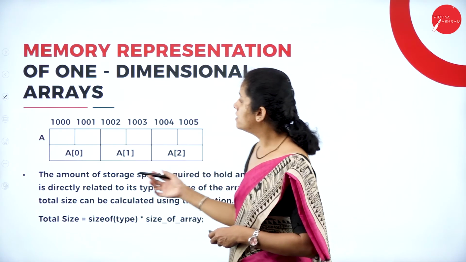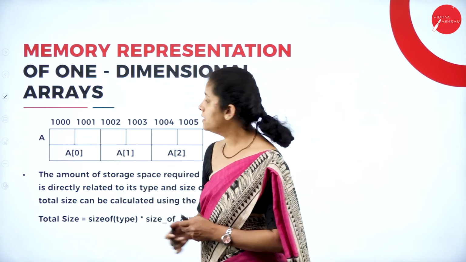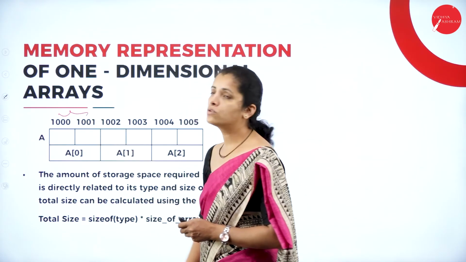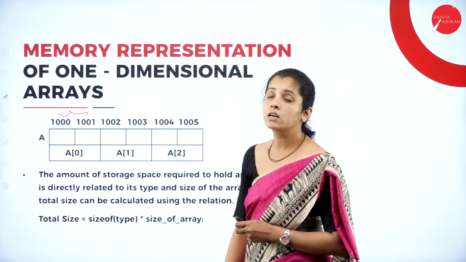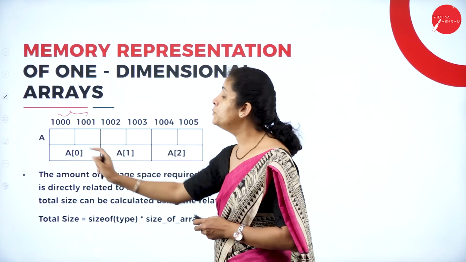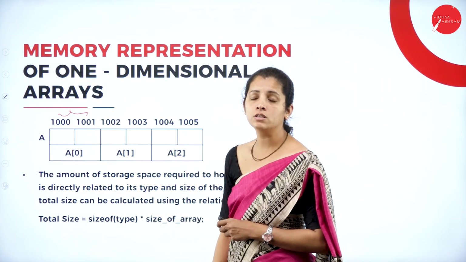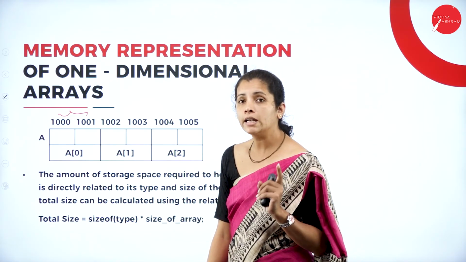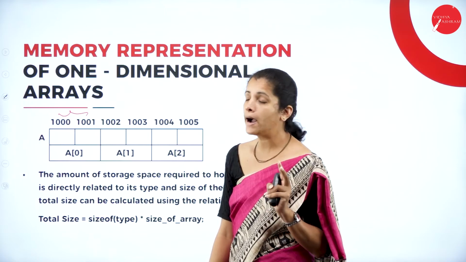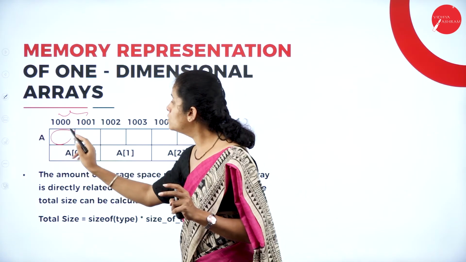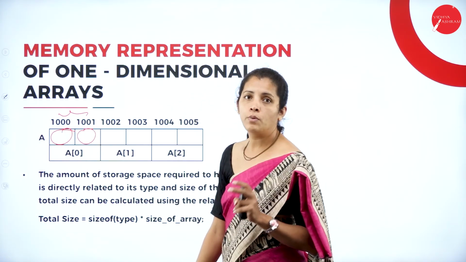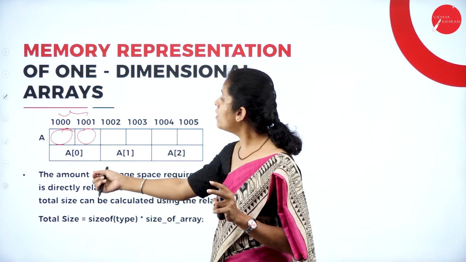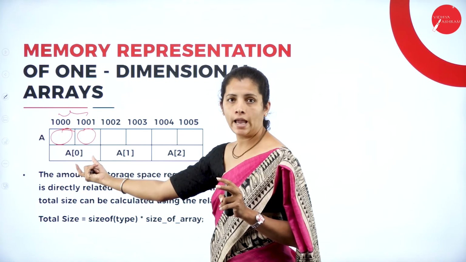Now see here. Same example, two blocks of memory are reserved for each individual element because the size of the data type here is 2 bytes. For that reason, two blocks are reserved for a single array element.